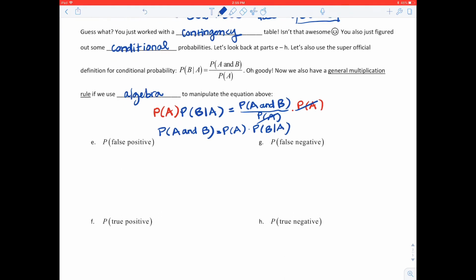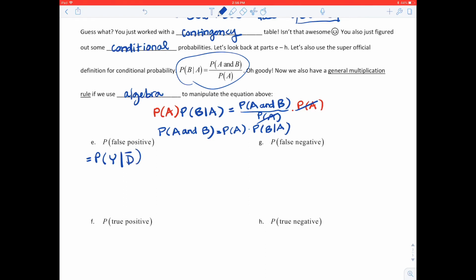Okay, so now using this conditional rule, let's calculate these different rates. The false positive rate: a false positive means the person doesn't have the disease, so it would be a positive test result given that the person does not have the disease.